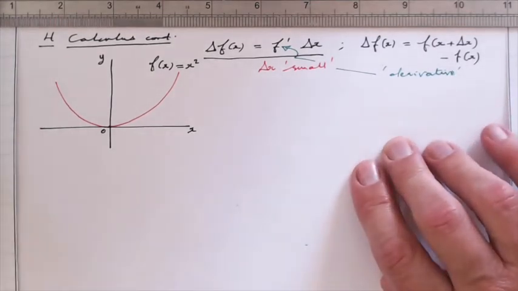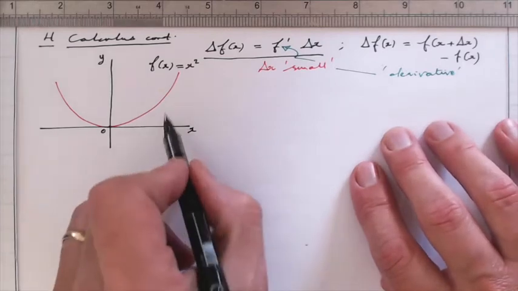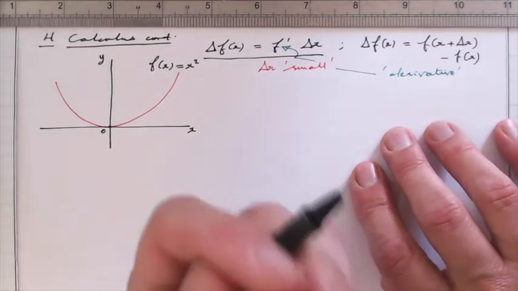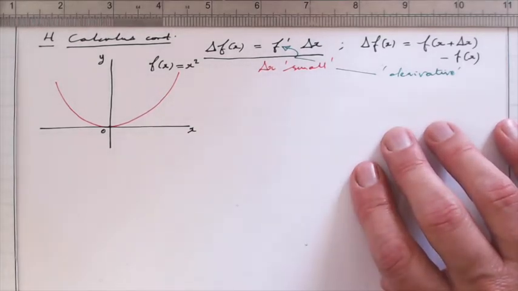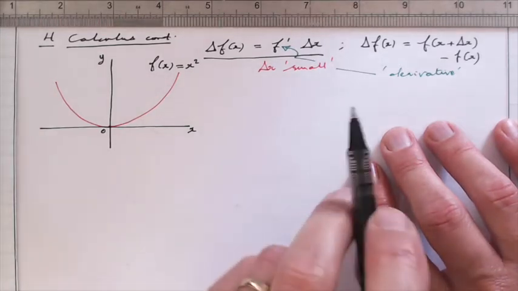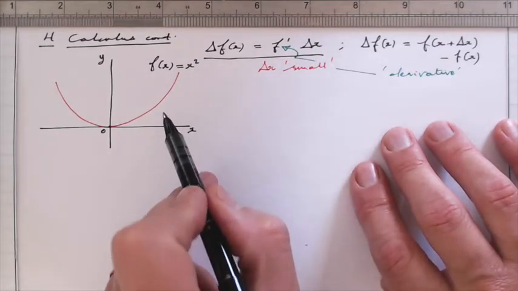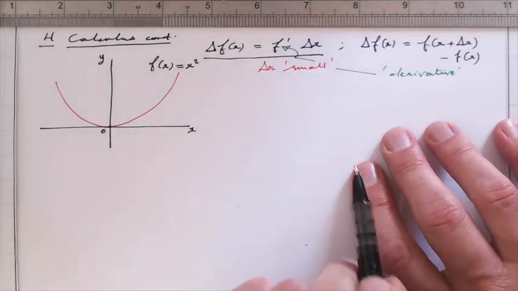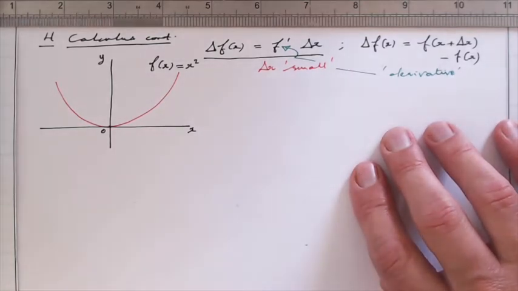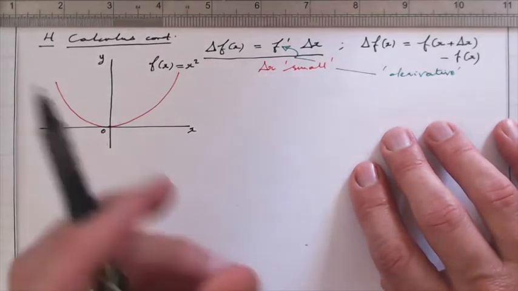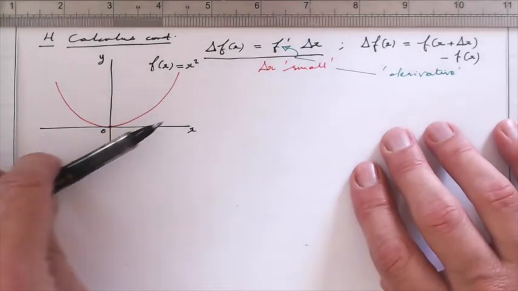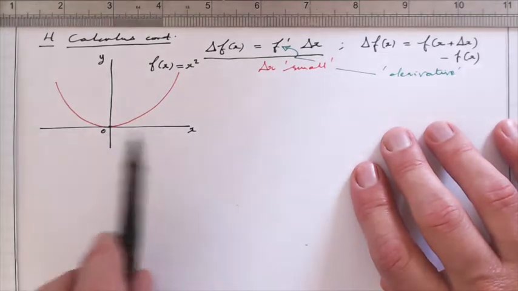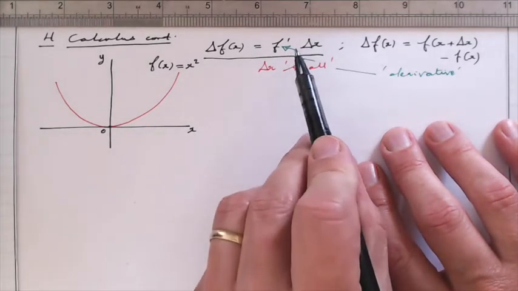One thing that we learned is that if we're looking at a particular value of x, the derivative ultimately is the slope of the tangent to the curve at that point x. The second thing that we learned is that generally, because the slope of that tangent to the curve will change as we vary x, then f prime is itself a function.